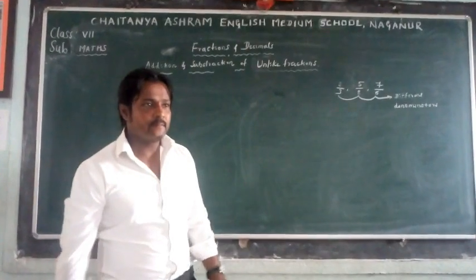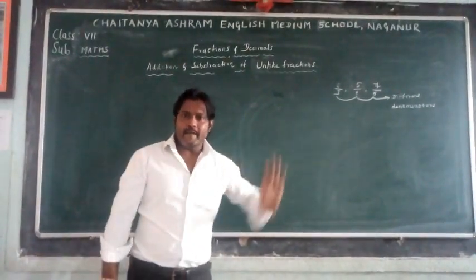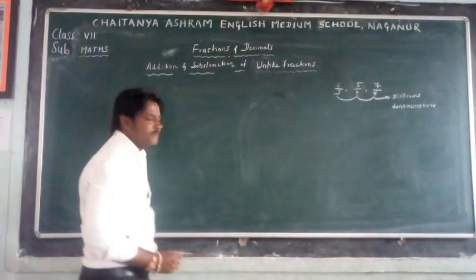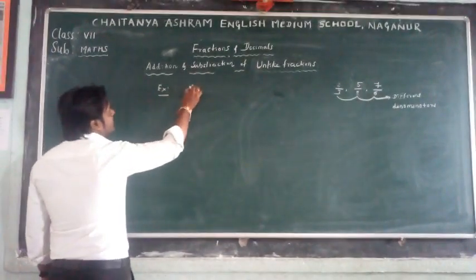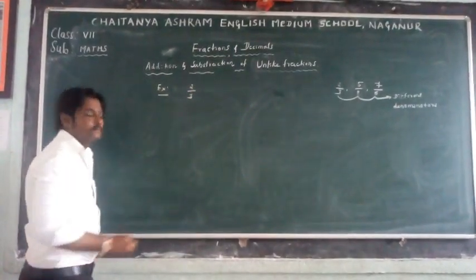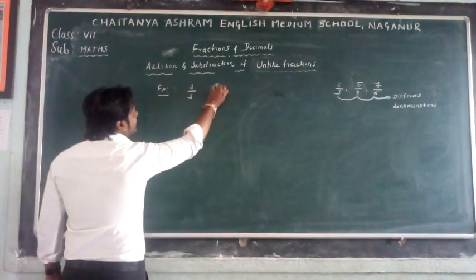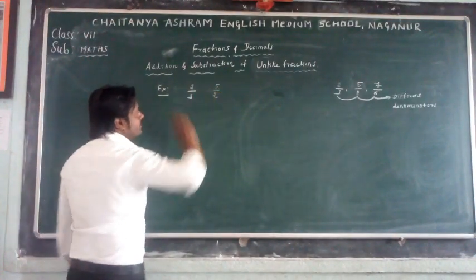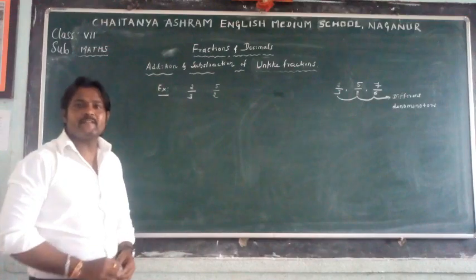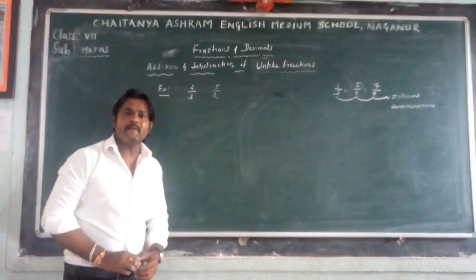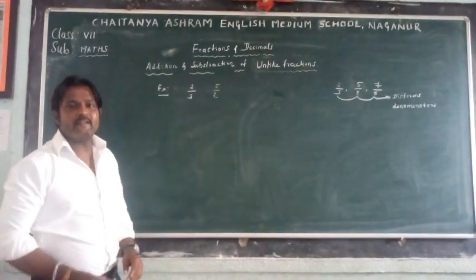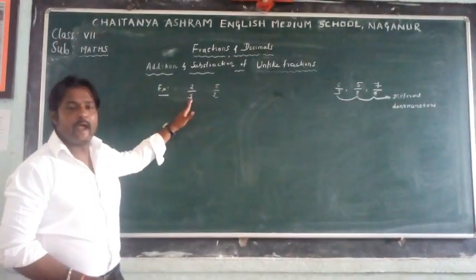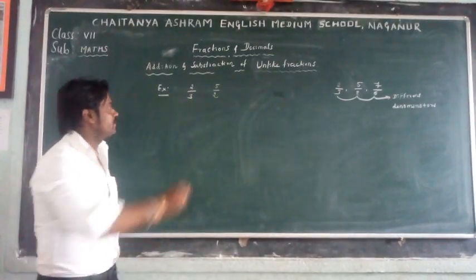Dear children, we go through the examples. Listen, observe. Example, consider the fraction 2 by 3 and 5 by 2. These two fractions are unlike fractions because they have different denominators. The question is add these two fractions.